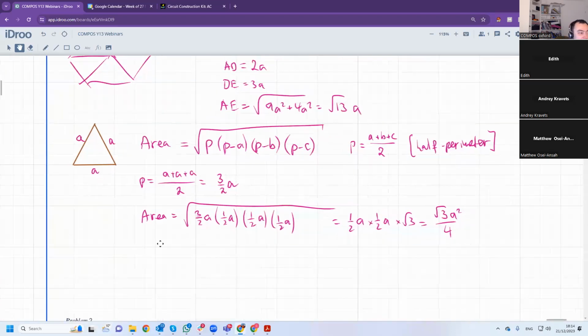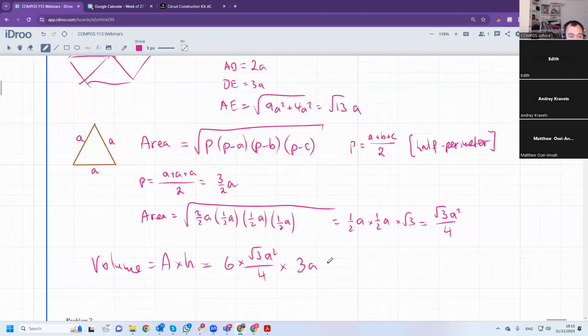So the volume is area multiplied by height. And the area is made up of 6 equilateral triangles. So 6 multiplied by square root 3 a squared over 4 multiplied by height, which is 3a.